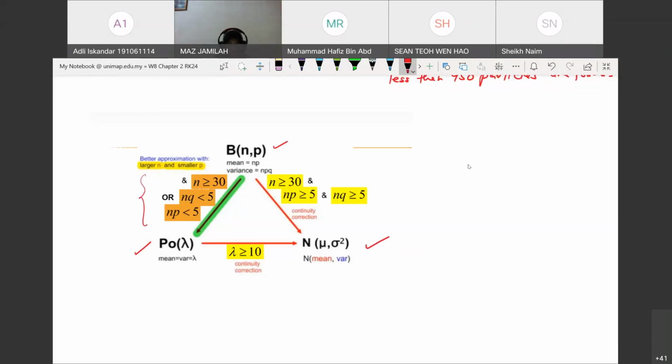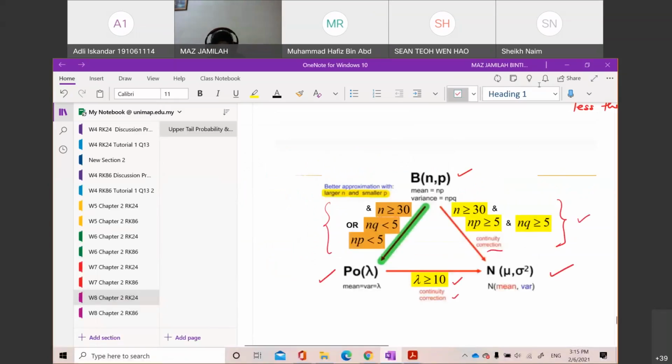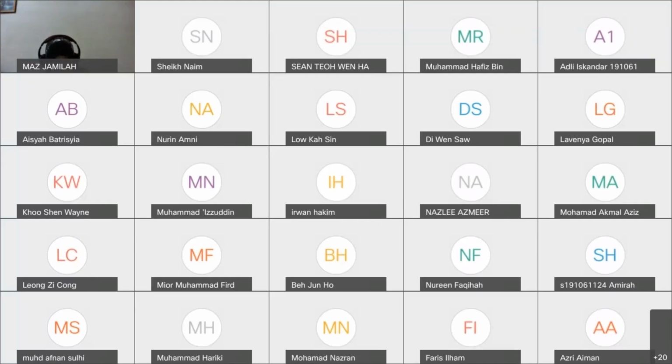We can use the normal approximation for binomial if the conditions are met, with the continuity correction factor taken into account. The same goes for solving Poisson using the normal approximation, with the condition that lambda is greater than or equal to 10, again with the correction factor applied. That would be all that needs to be covered for chapter 2. So far we have completed our chapter 2.